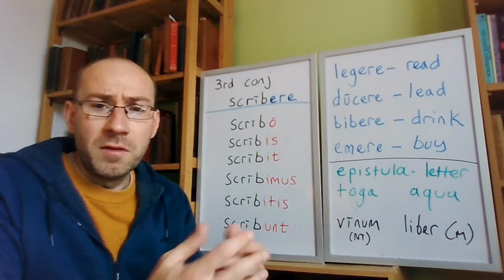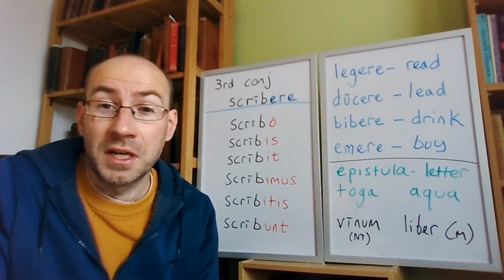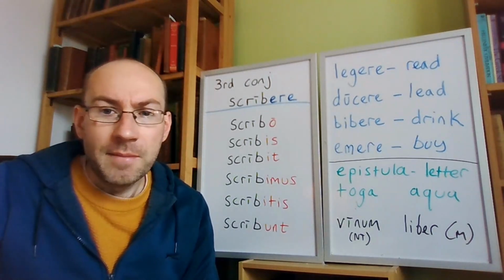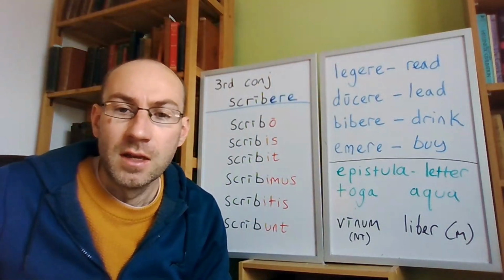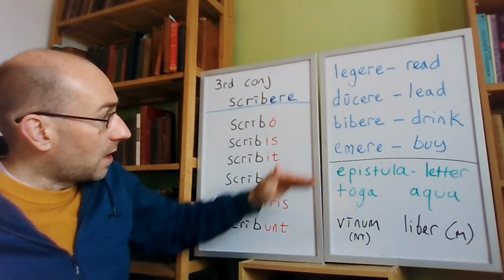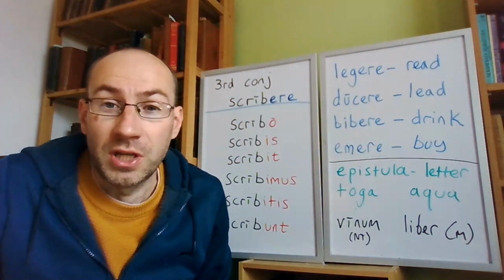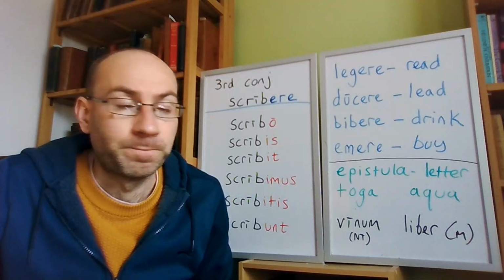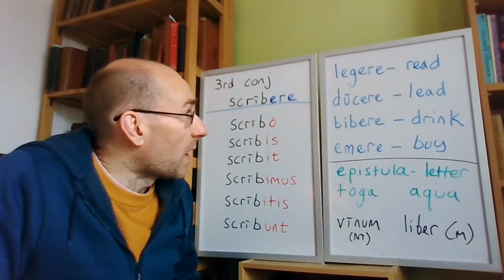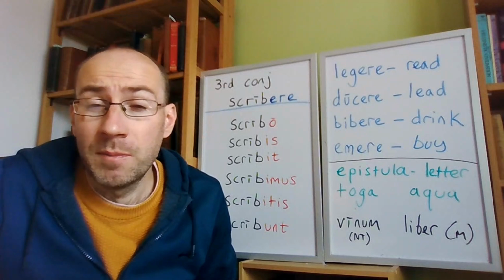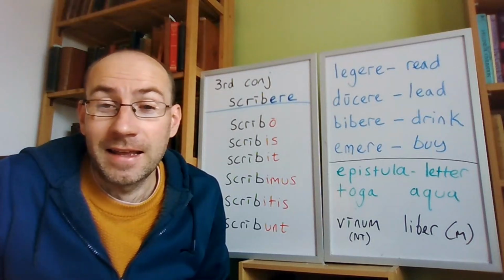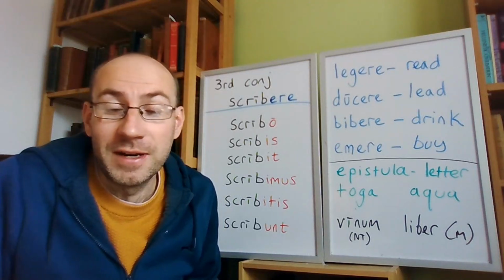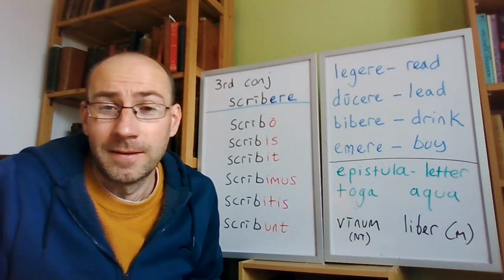Let's look at a few other third conjugation verbs that are going to behave in exactly the same way. If you saw one of these in the dictionary with a little number 3 next to it, and you know this pattern, then you know how to conjugate the third conjugation verbs, and there are a great many of them. So we've had scribere, to write, to be the scribe. Well, why not add legere? I've given you the English, spoilt it really, but it's to read.